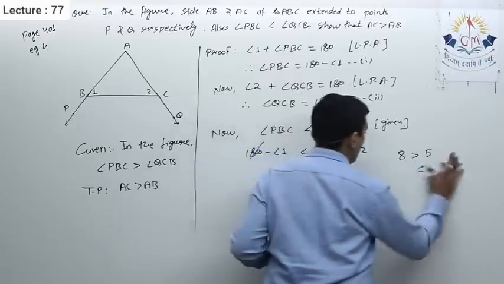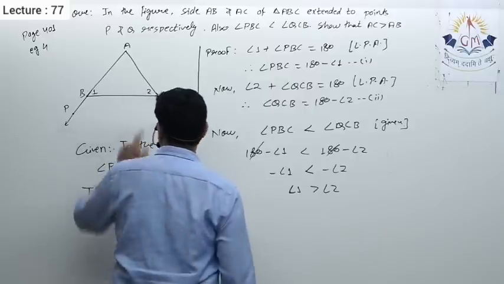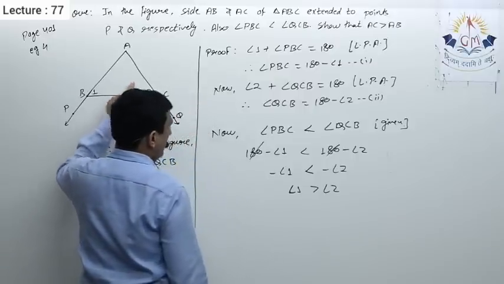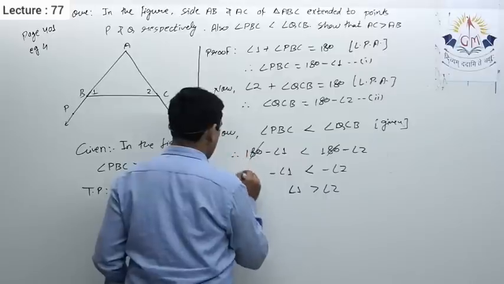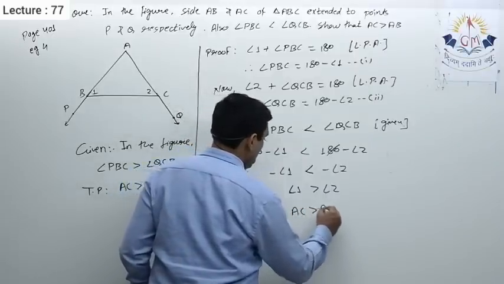Okay, so here angle 1 is greater than angle 2. So angle 1 is greater than angle 2, that means AC is greater than AB. Therefore AC is greater than AB.